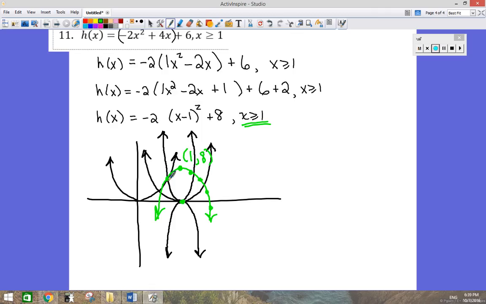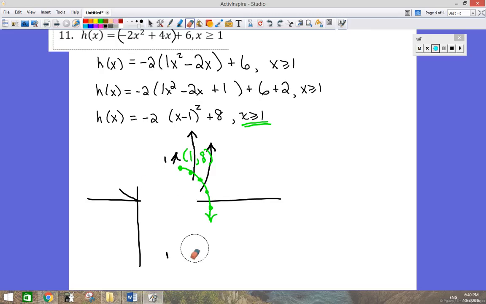The points to the left of 1 have x-coordinates smaller than 1. So we say we want this portion of the graph. Let's try to erase all these others. What's in green is what we want.